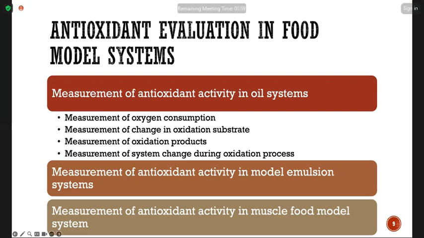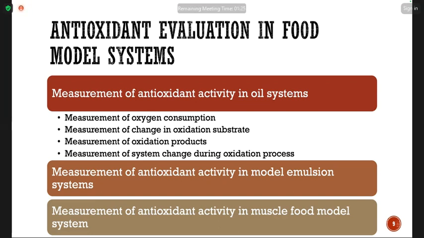First, you can focus on the measurements of antioxidant activity in the oil system. Let's say you want to focus on krepek chips, keropok ikan. If you want to produce a keropok ikan, maybe you want to see the antioxidant activity in the oil system.